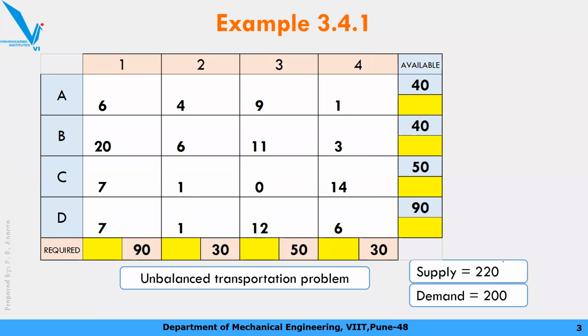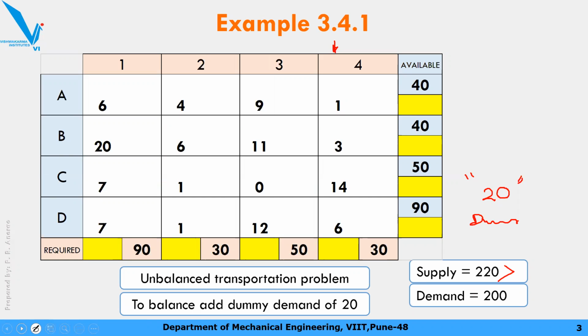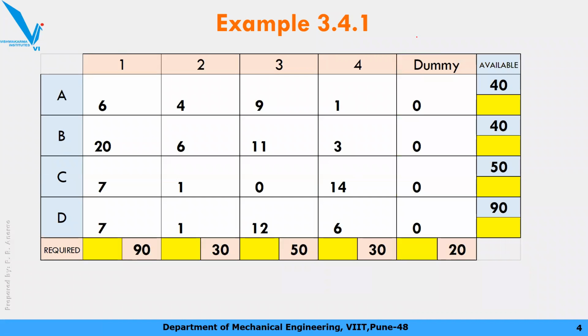So here supply is greater than demand, so we need to create a demand of 20 units. That is your dummy demand. Demand is in the column, so we will add a dummy demand of 20 components. Let's add that. So we have added a dummy demand column, which is asking for 20 units.